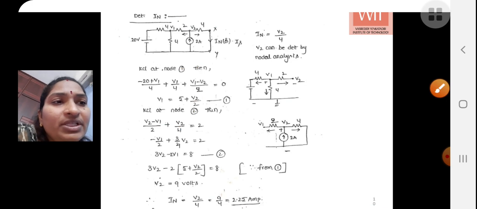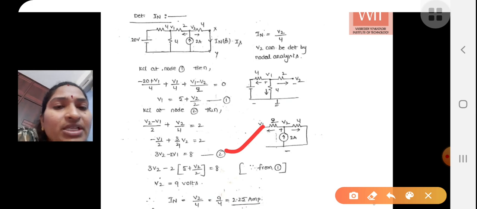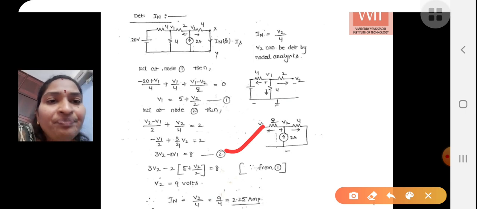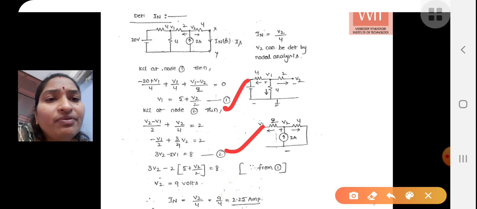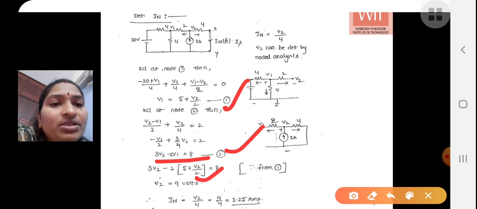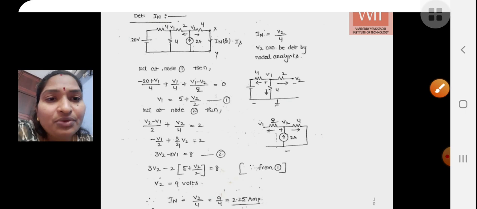After solving this, we have the equation 3V2 minus 2V1 is equal to 8. Now let us substitute equation 1 in equation 2, that is, instead of V1 I am substituting 5 plus V2 by 2. After solving this, we have V2 is equal to 9 volts.